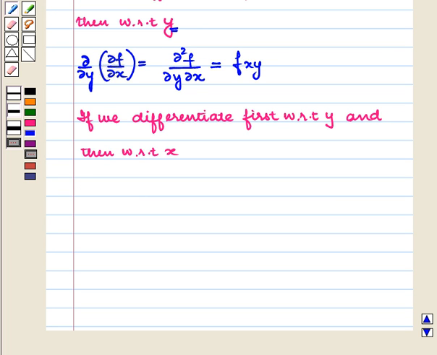Similarly, if we differentiate first with respect to y and then with respect to x, we write del by del x of del f by del y, which is equal to del square f by del x del y. That can be written as f sub yx.